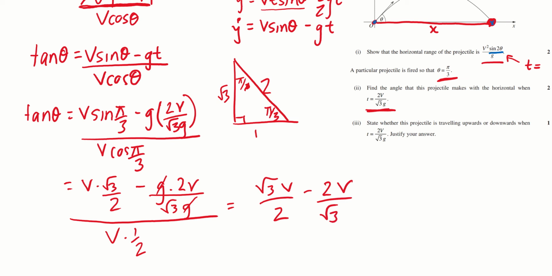Now it's dividing by v on 2, which is the same thing as timesing by 2 on v. And that's that whole thing timesing. If I clean it up again, I get, do my cross swords, butterfly method.